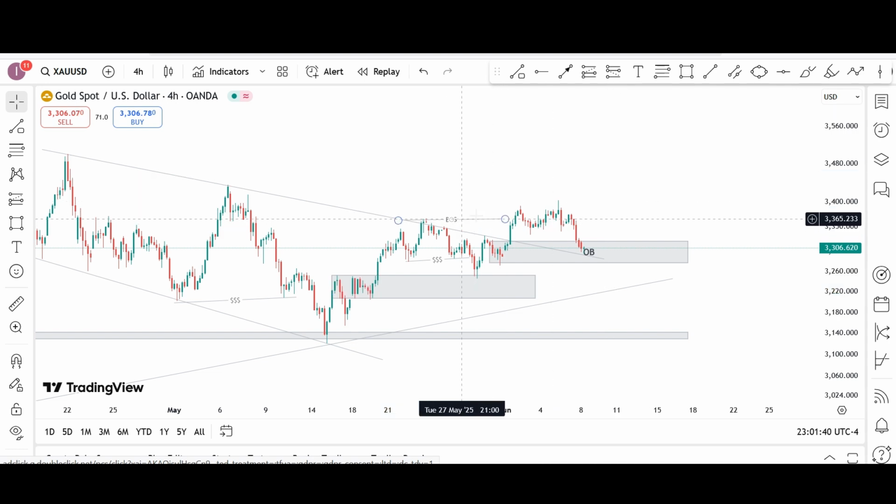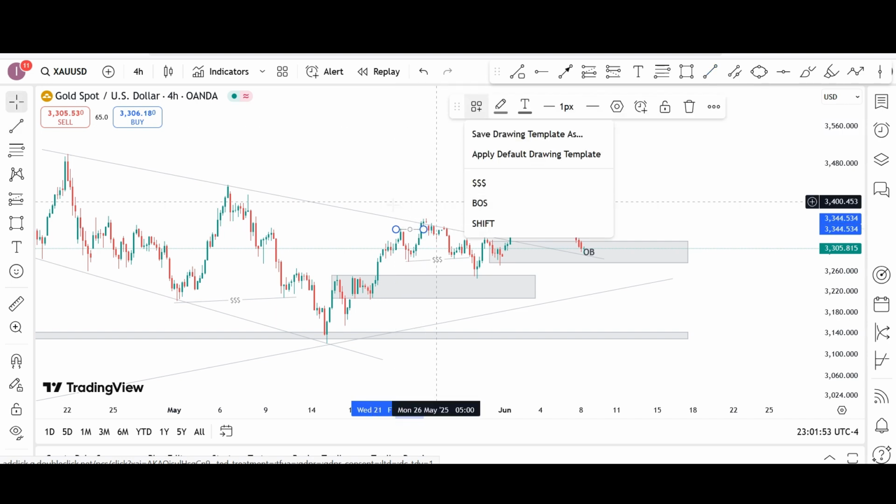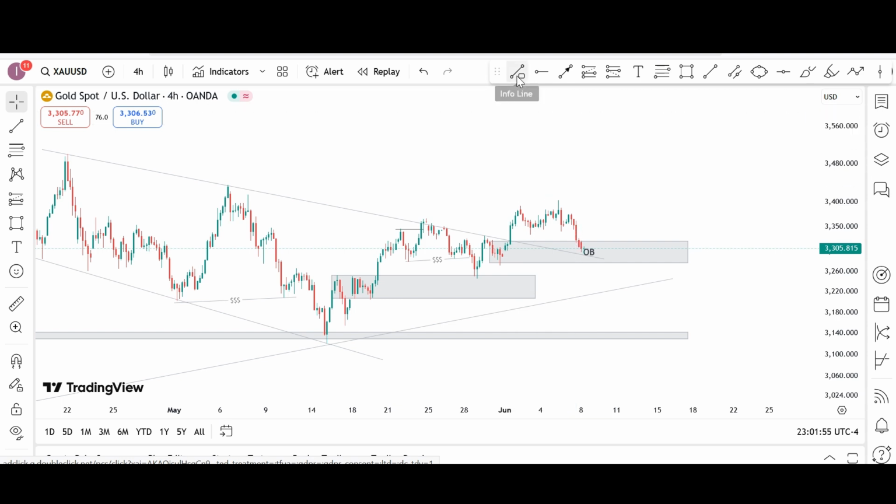And if you look at what happened here, let me take this out first. See what happened here. We have this liquidity sweep before price came down to sweep. It took out the sell side liquidity, and took out this buy side liquidity.